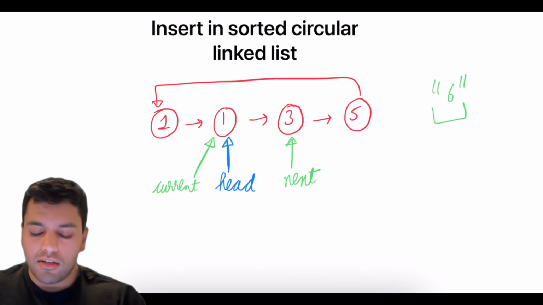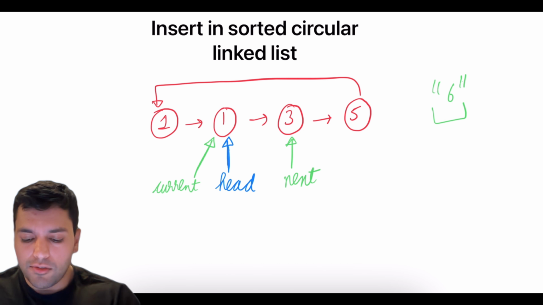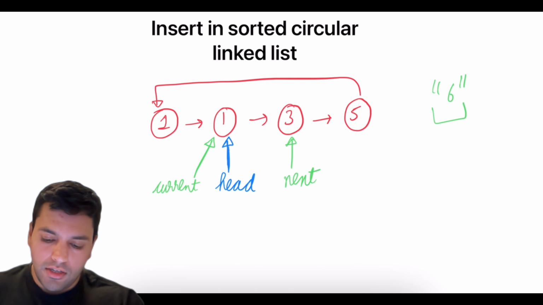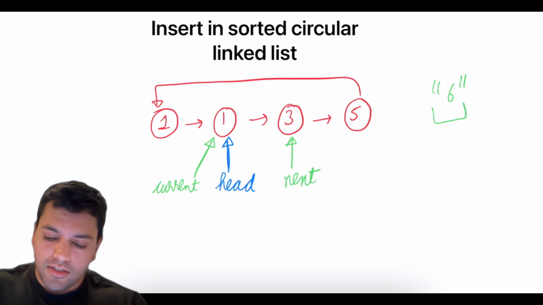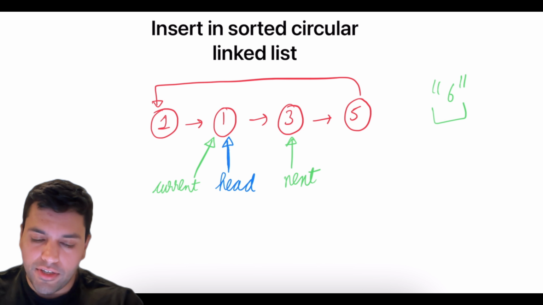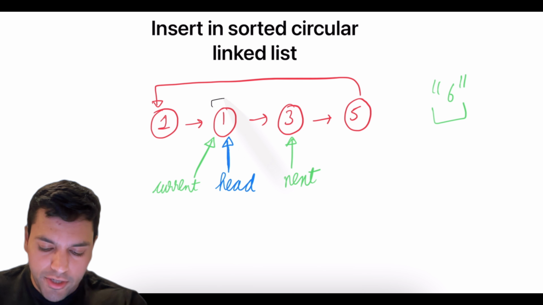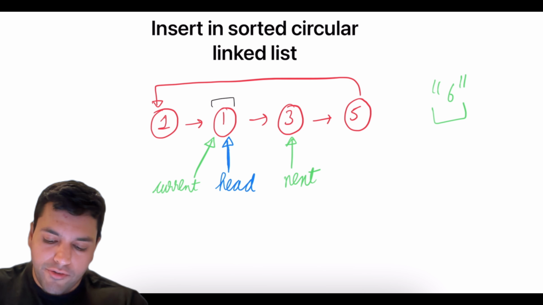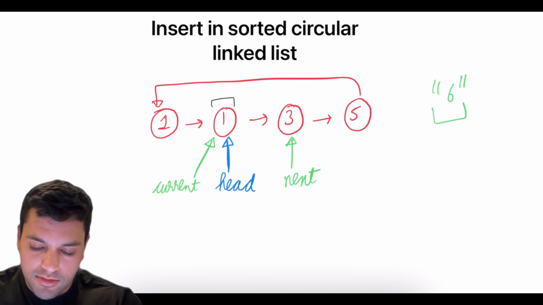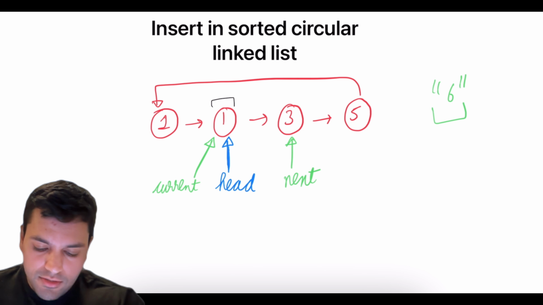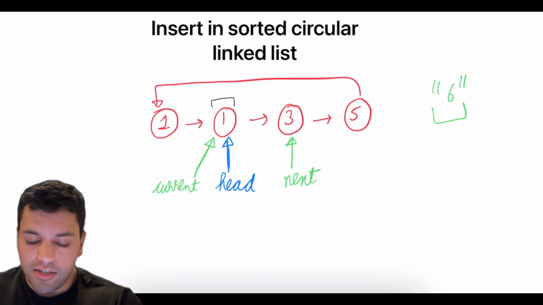Now let's have a look at another test case where we need to insert a value 6 in this sorted circular linked list. So here, as you can see, this value 6, when we insert it, is going to be the new maximum for this sorted circular linked list. So here the head is pointing to this node 1, and we have to find a place to insert this node 6. So what we can do is we can simply start with initializing current and next.